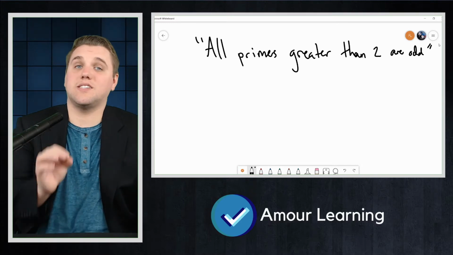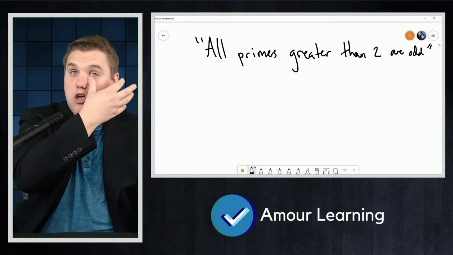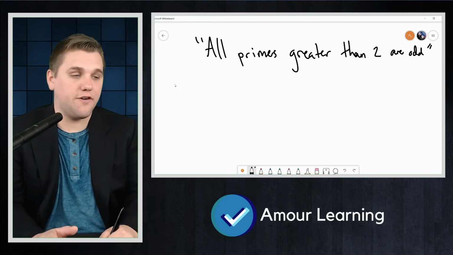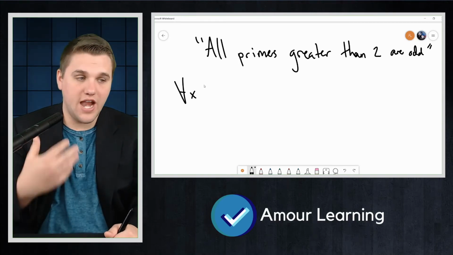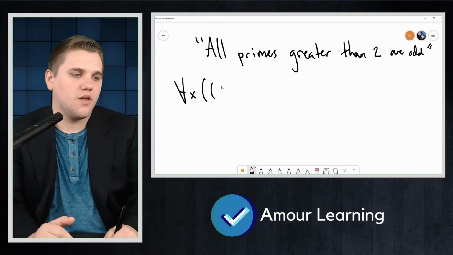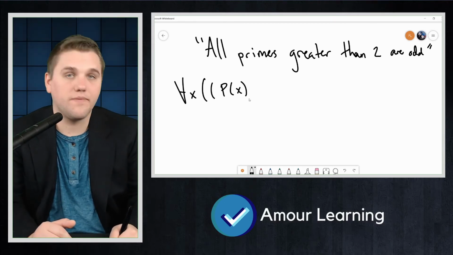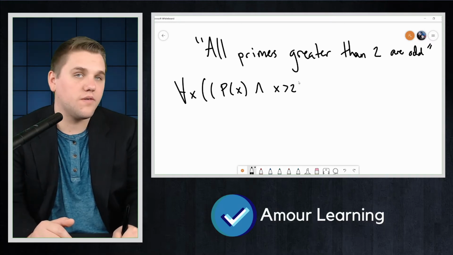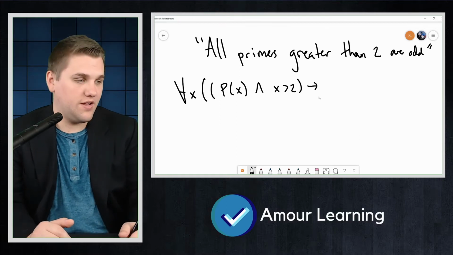To write this statement symbolically, we must use quantifiers. We can translate as follows here. We can say for all x, and our domain here is natural numbers, P of x, meaning x is prime, and x is greater than 2, implies that x is odd.